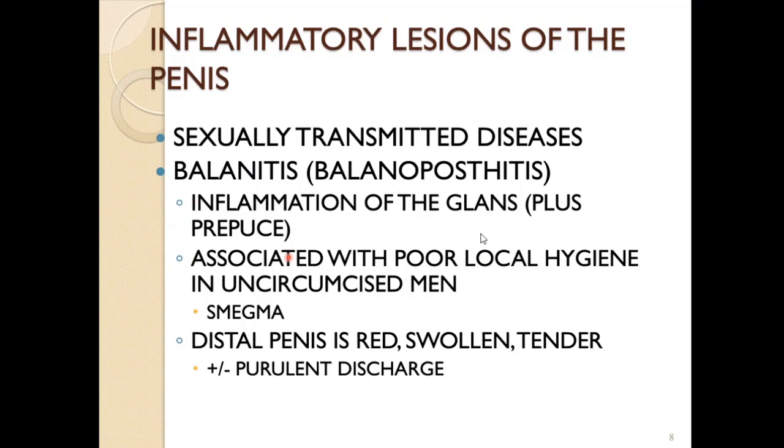It is associated with poor hygiene in uncircumcised men who have smegma. The distal penis is red, swollen, and tender. You remember these are signs of inflammation: redness, swelling, pain, and so on. There may be a purulent discharge, if the infection is purulent, of course, with pus.